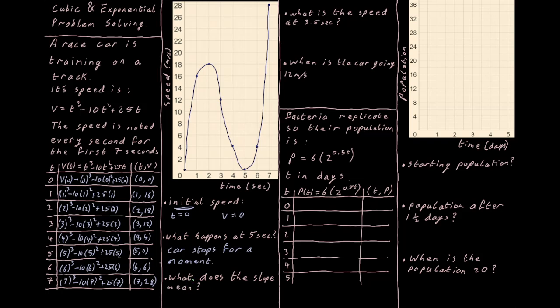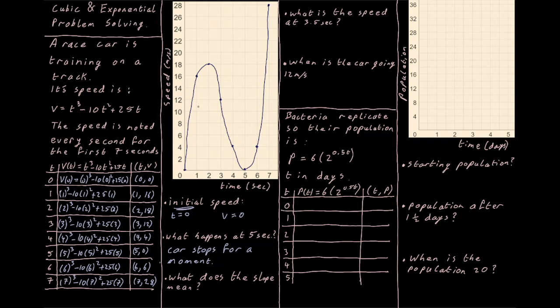What does the slope of our curve mean? Well, this is giving us the speed of the car as time changes. That's what's actually graphed here. The slope gives us the rate of change, how quickly something changes.